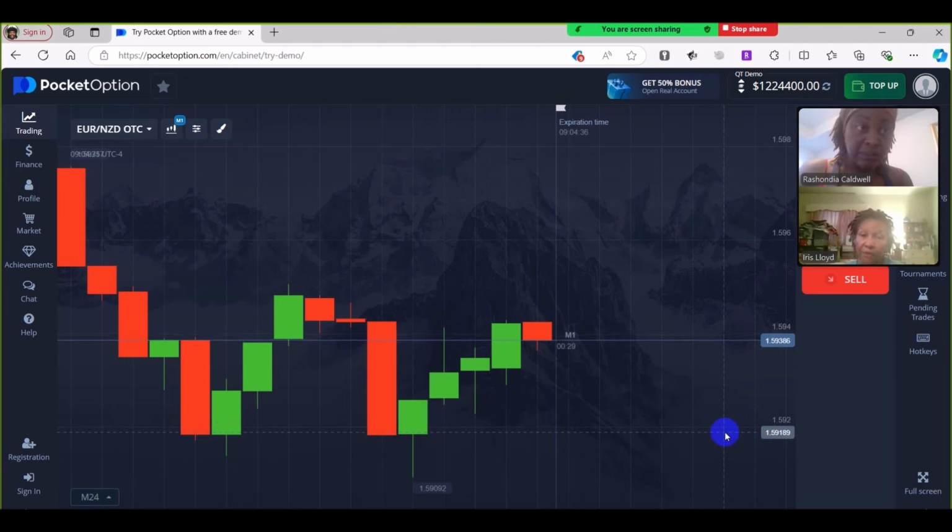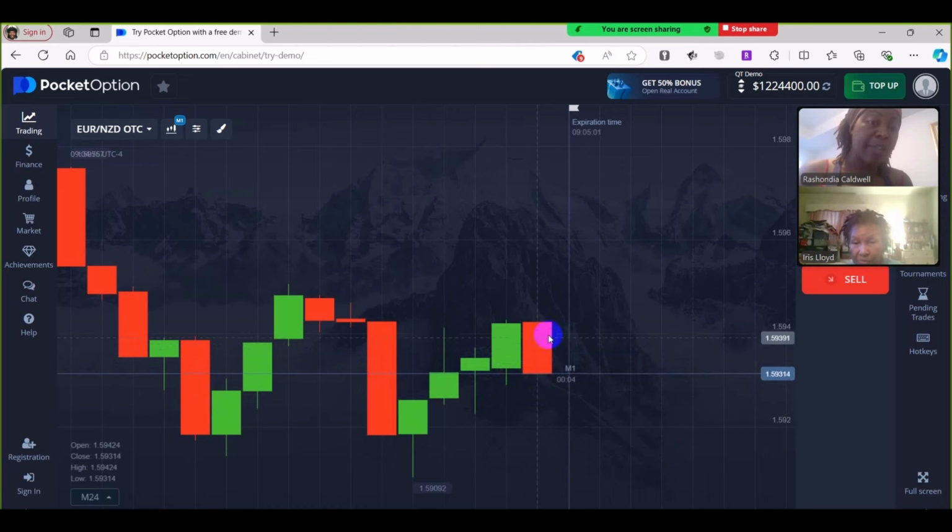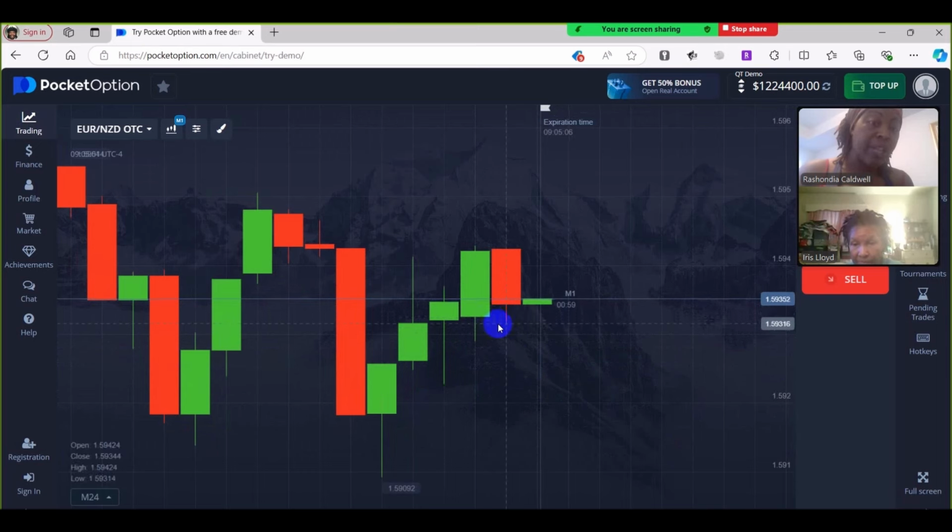If the wick started at the top or the bottom of that candle, then it's pulling back from where it last went, on that particular candle. So it'll go down that far and then it'll pull back, like it's doing right now. It went down this far and now it's pulling back.